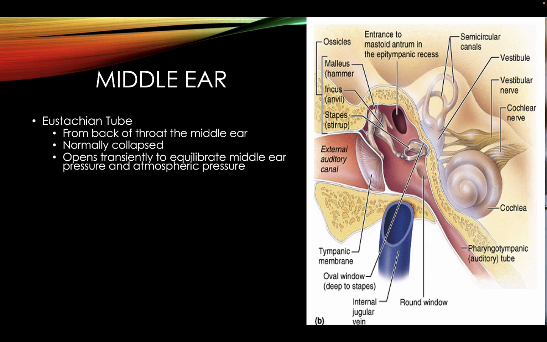Now, one of the other things I'd like you to know about the middle ear is that there's potential for things to get up through the eustachian tube into that middle ear. Usually this doesn't happen on a daily basis. However, think about an individual who has a really bad abscess tooth, and they haven't had a chance to get to the dentist yet.